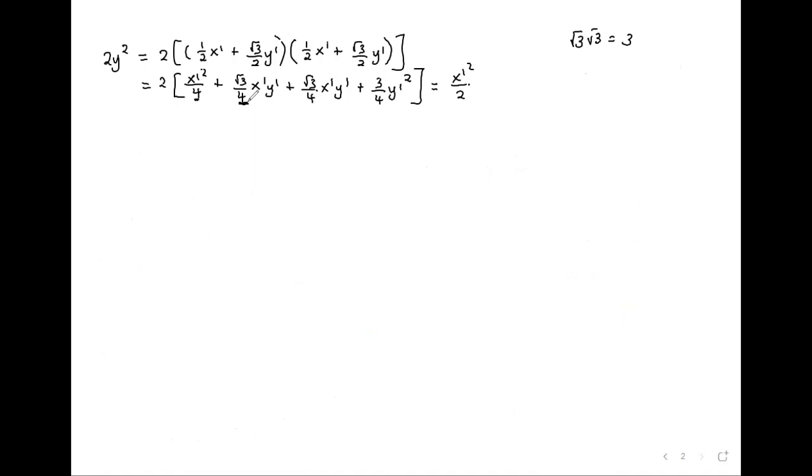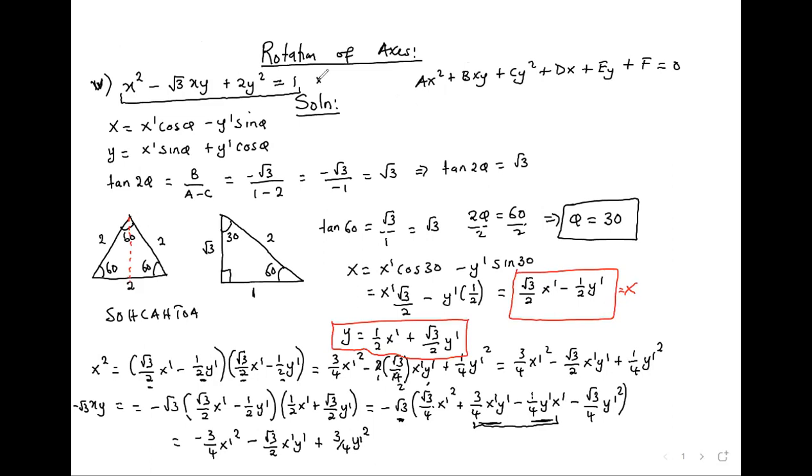When we add this one plus this one, we get 2 root 3 multiplied by the 2 outside becomes 4 root 3. So the 4 will cancel and we remain with root 3 x prime y prime, and then plus 3 over 2 y prime squared. When we get to the equation, remember the minus root 3, I've already used it. So we'll just get them and add throughout.